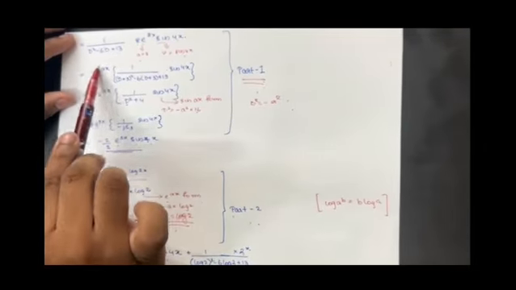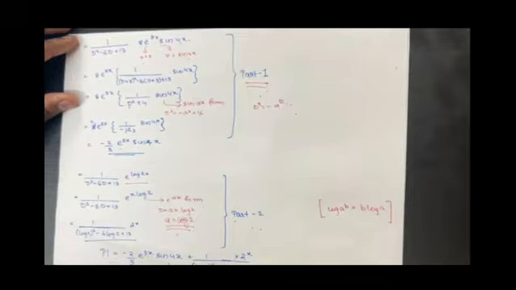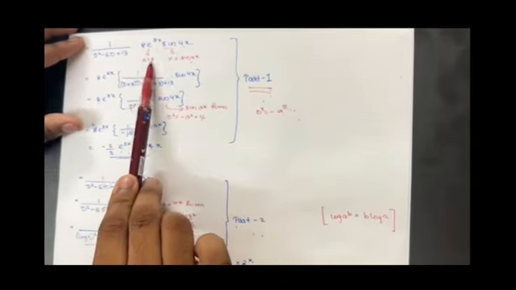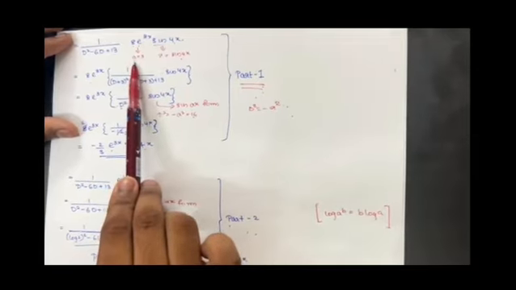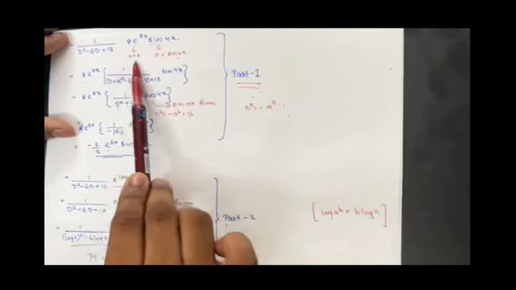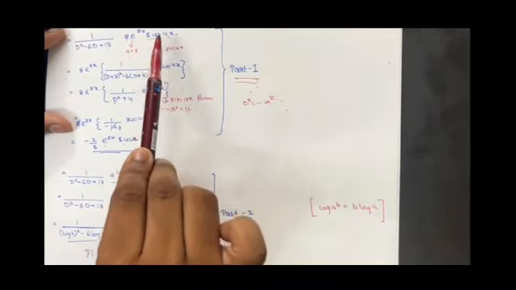1 by D square minus 6D plus 13 into 8 e to the power 3x sine 4x is our part 1. Here from e to the power ax we can find out a is equal to 3, and here we know that v is equal to sine 4x.